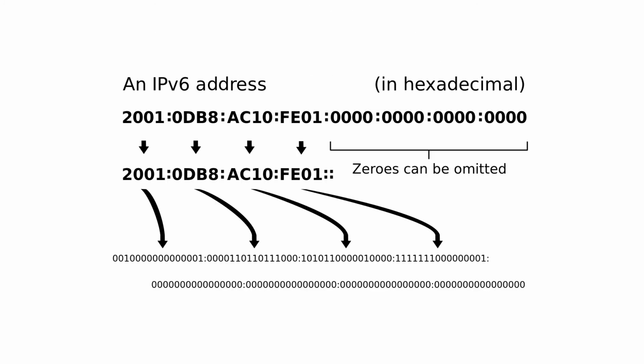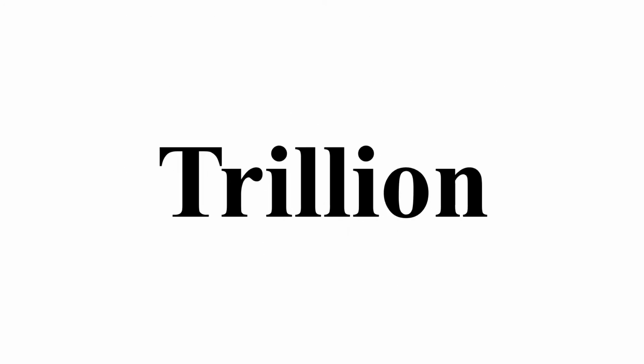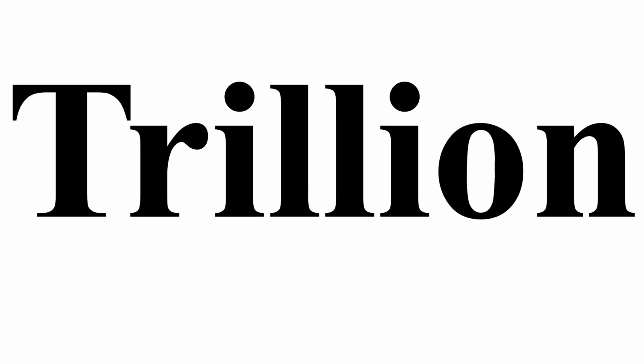Another question you might ask is, why not just extend the capacity of IP address instead of all this complicated mess? Well, this is possible, and we have a new version of IP called IPv6, which is able to allocate 340 trillion IP addresses, which is a heck of a long number.